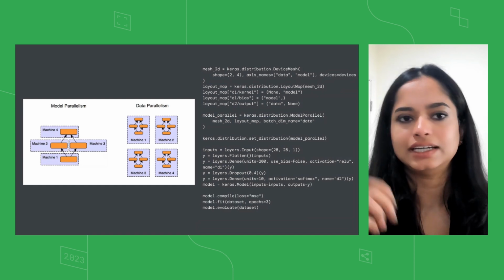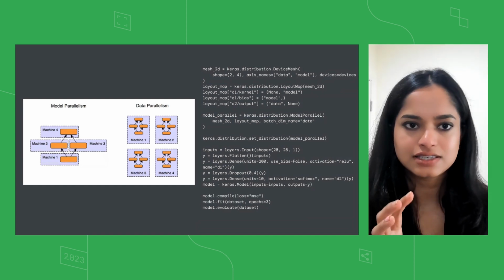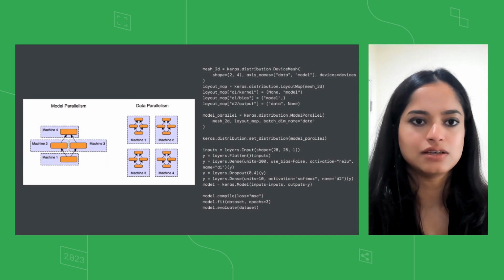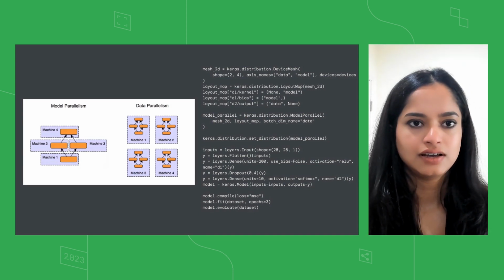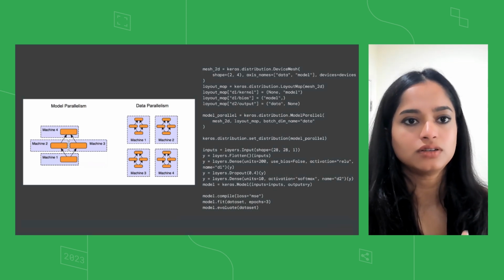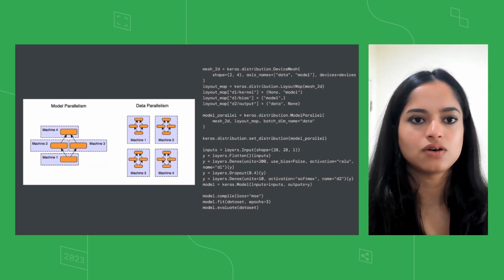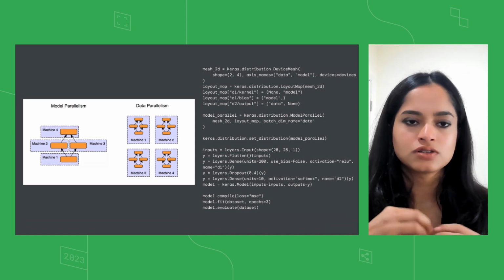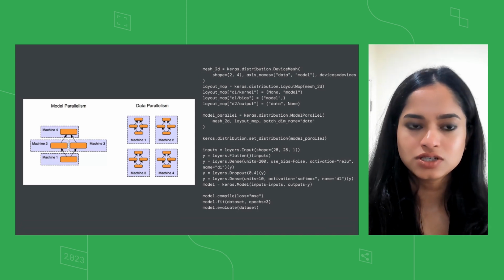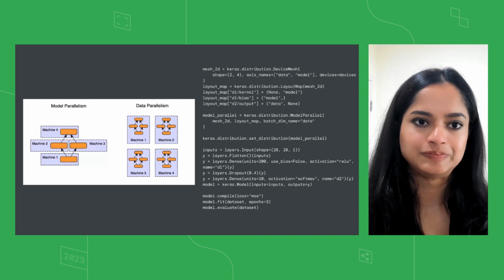Data parallelism means the model weights are replicated across all devices and each device possesses a portion of the batch data. Model parallelism is mostly useful when model weights are too large to fit in a single accelerator. This allows you to split your model weights or activation tensors across all the devices on the device mesh and enables horizontal scaling for larger models.